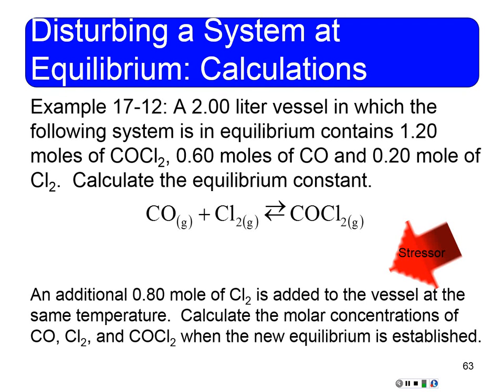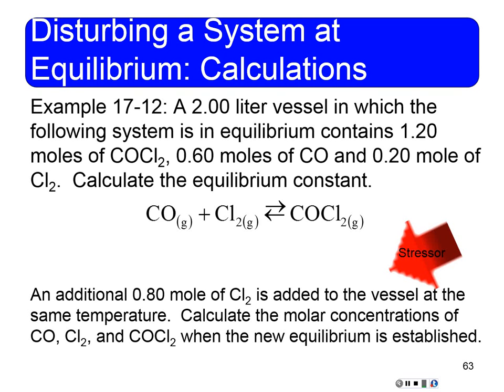What concentration are we adding? Very good. Why is it 0.4 and not 0.8? You're still in a 2-liter vessel, so you have to divide that number by 2. So it's 0.40 molarity of chlorine. Basically, we're just going to stream in some more chlorine gas into this reaction.